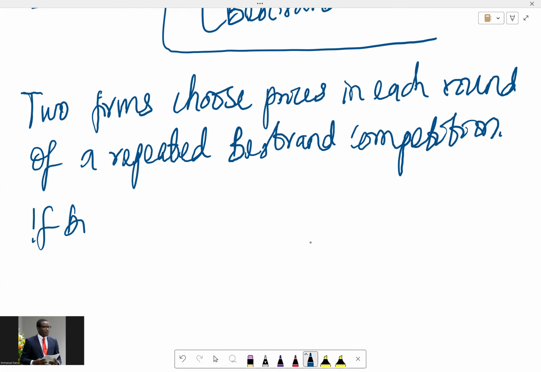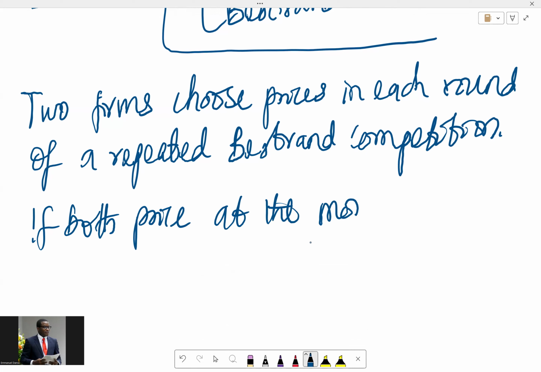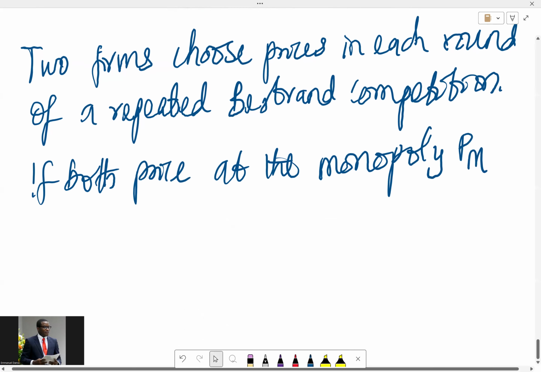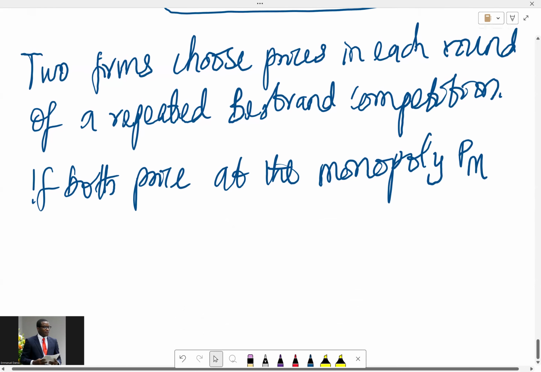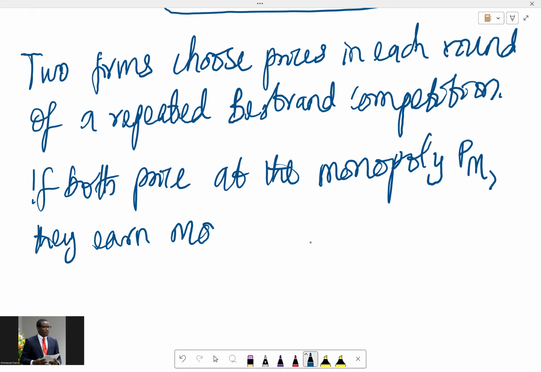If both price at the monopoly price. So monopoly price is when you have no competition, right? And you can choose whatever. So if both price at the monopoly price PM, they earn monopoly profits. So that is unchecked profits in a way, right?